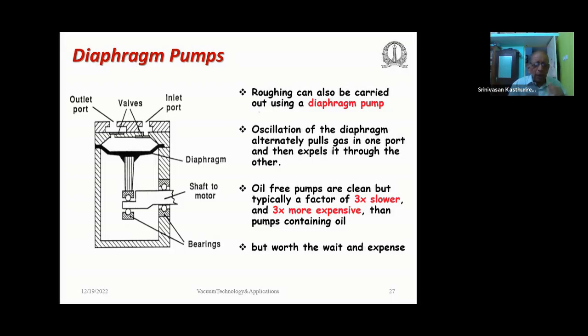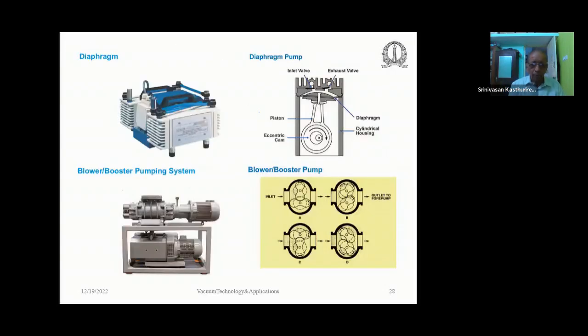Normally these oil-free pumps are clean, but somewhat slower in operation and also more expensive because they are free from oil. But many times it is quite useful to use oil-free diaphragm pumps. You can see here a two-stage diaphragm pump.